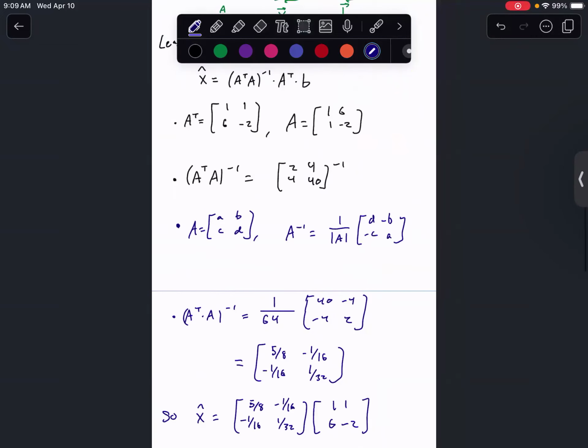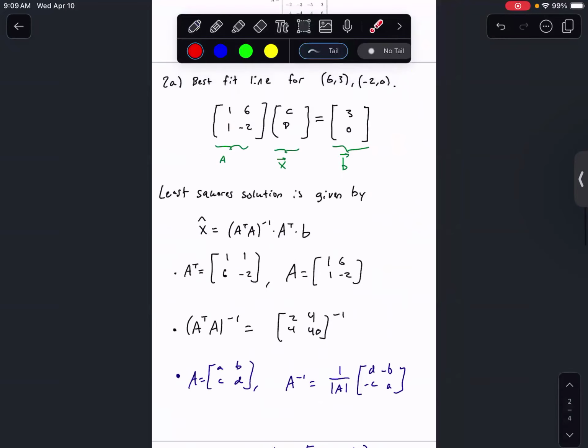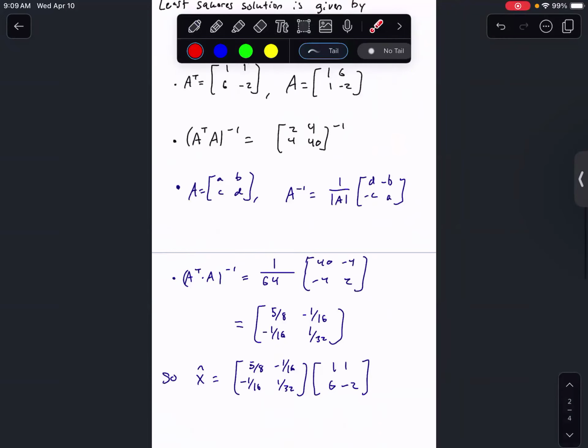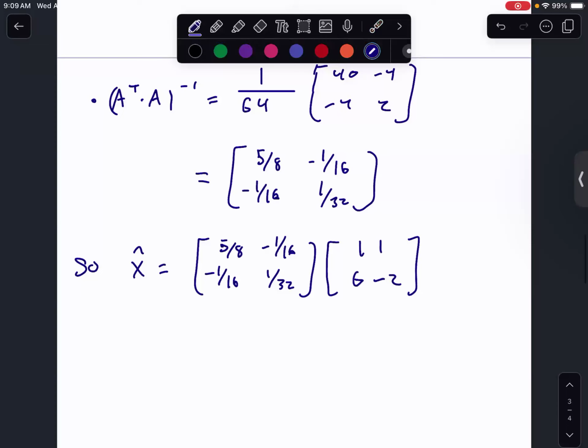And then times B, where B was equal to 3, 0 up here. So it's a matter of multiplying these matrices, which I'm just going to look at what I already have written because this looks like it'll be a mess to deal with. If you multiply these 3 matrices out, you end up getting 3 over 4 and then 3 over 8.